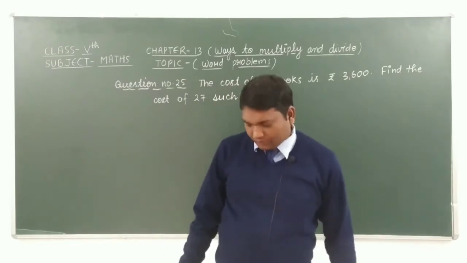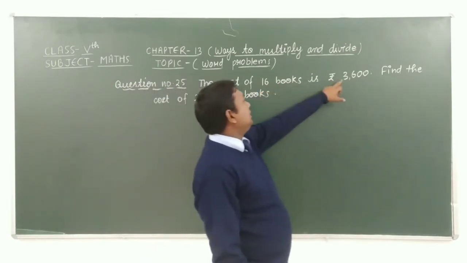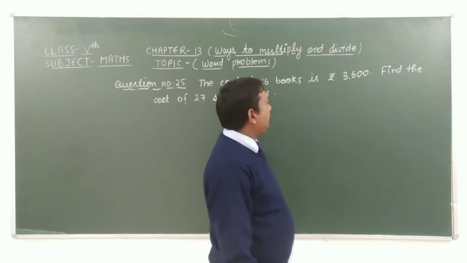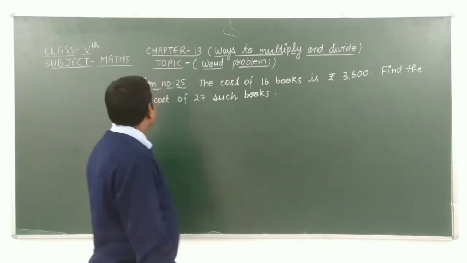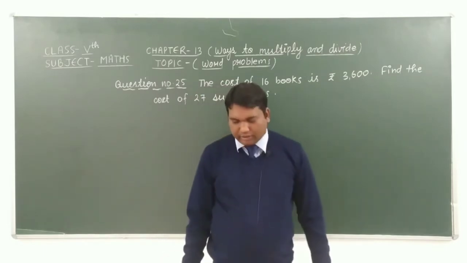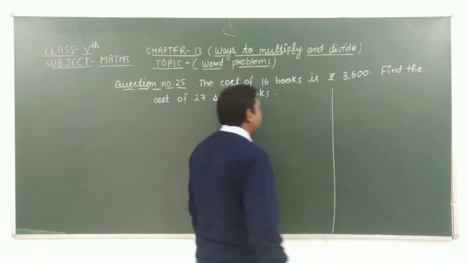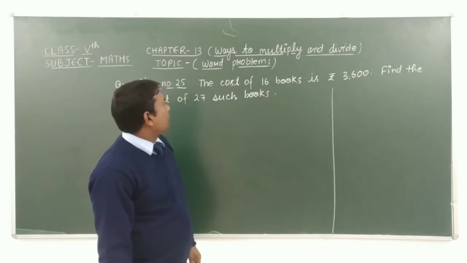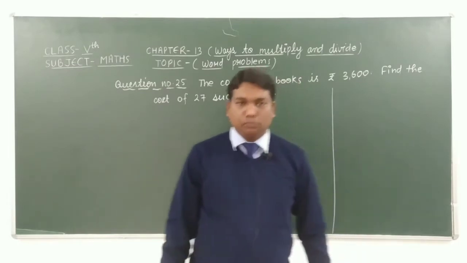Okay, dear students, in this question, here given that the cost of 16 books is rupees 3600, and we have to find the cost of 27 such books. Firstly, we have to find the cost of one book.